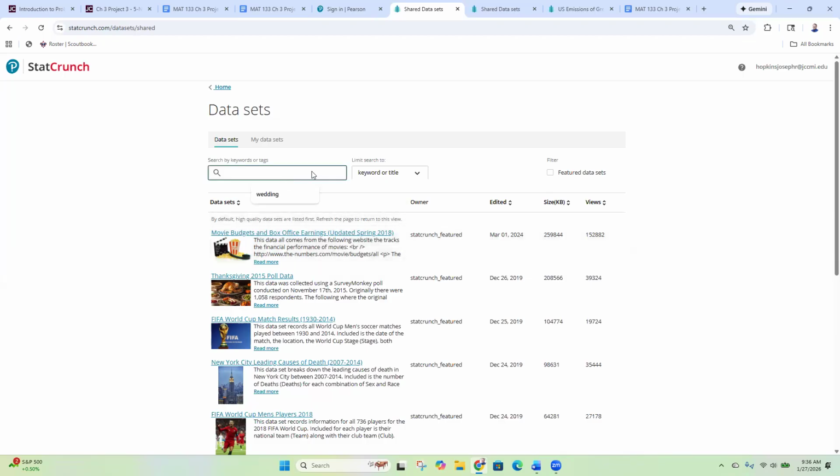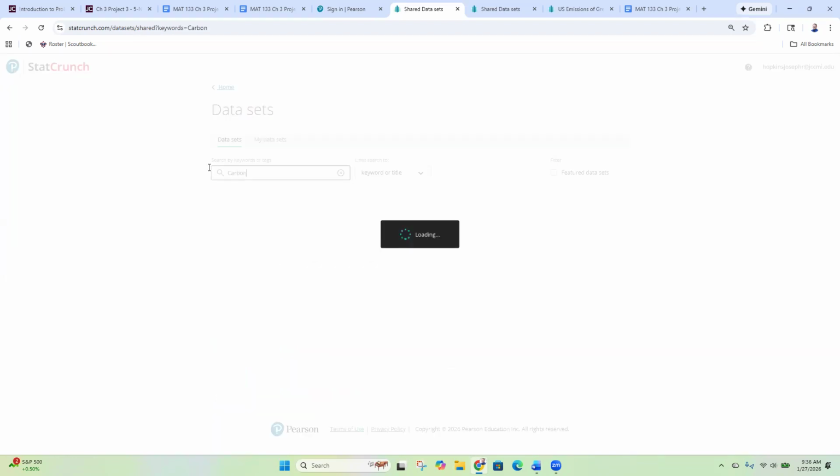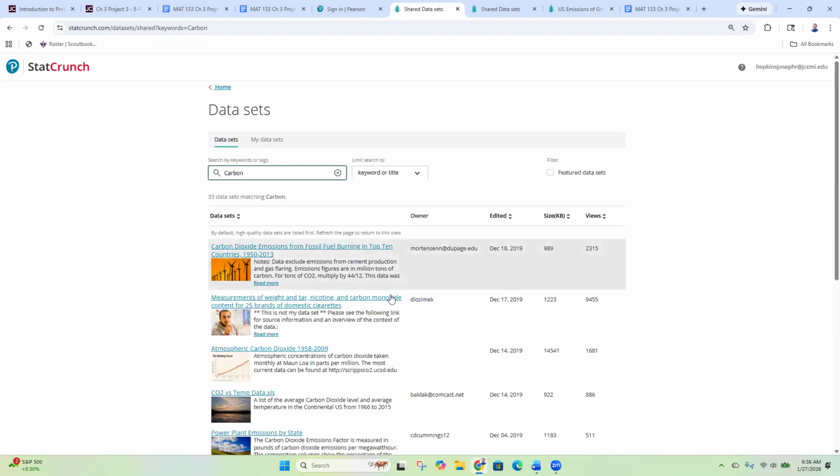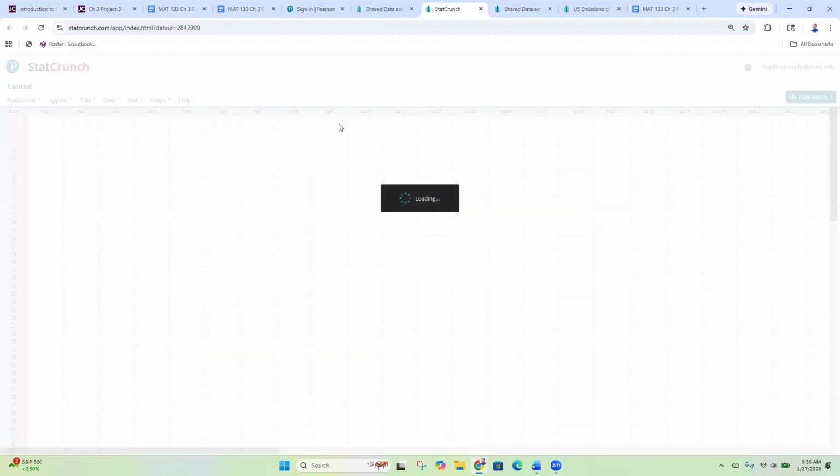I'm not going to. I'm going to use something new this time. I've told you guys before, I have a board game I made called Endangered, where you save species. So the environment is very important to me. I'm going to look up carbon emissions. So let's see, what's this one?